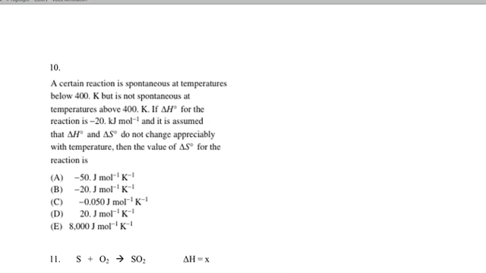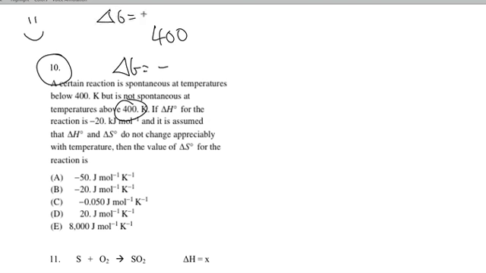All right, 10. 10 is a great problem. Okay, I really like 10. It says a certain reaction is spontaneous at temperatures below 400. So if you have 400, its delta G is negative. And it says, but it's not spontaneous at temperatures above 400. So it's spontaneous only at low temperatures. So delta G is positive above and negative below.